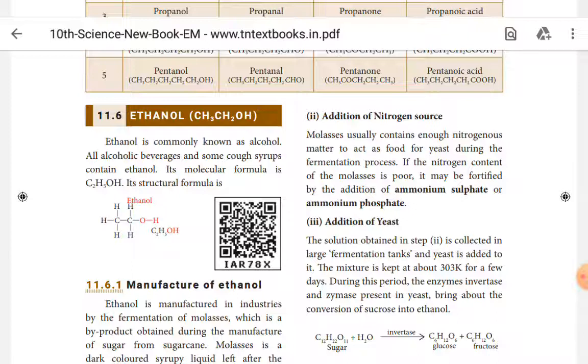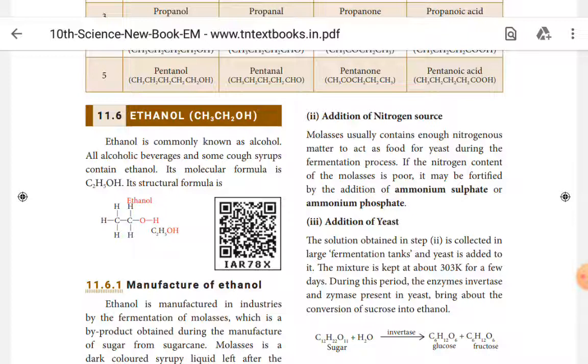Because in the first step itself we added water, but that was given for dilution. So sugar plus water. Now the enzyme invertase acts upon this and converts it into glucose and fructose. Glucose formula C6H12O6 and fructose also has the same formula C6H12O6.